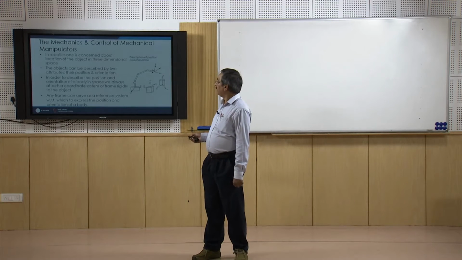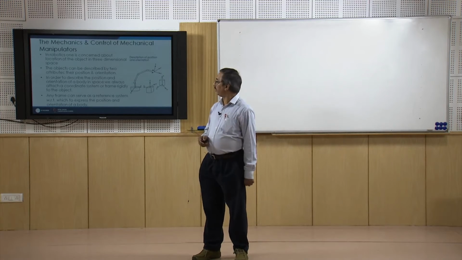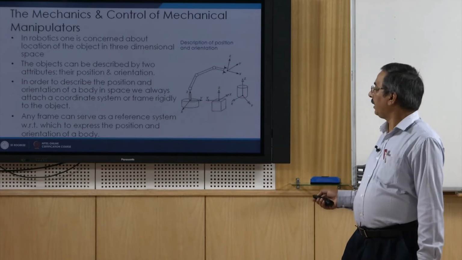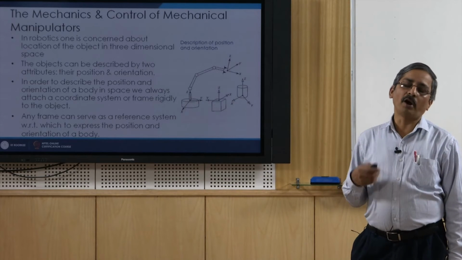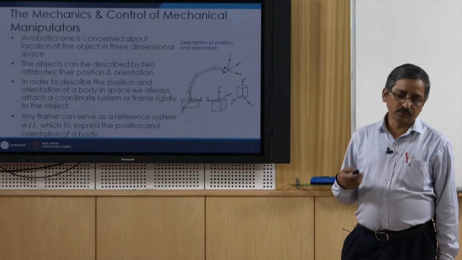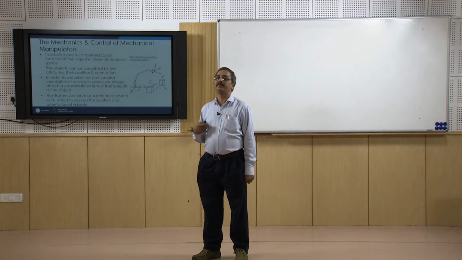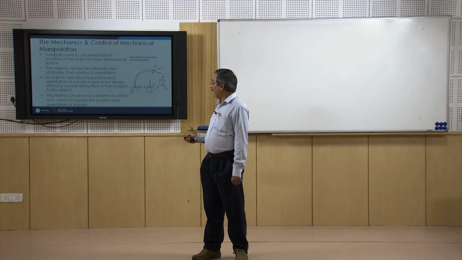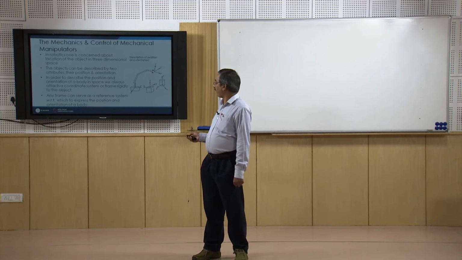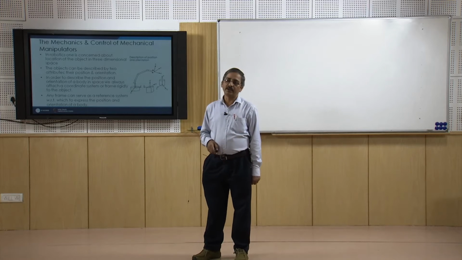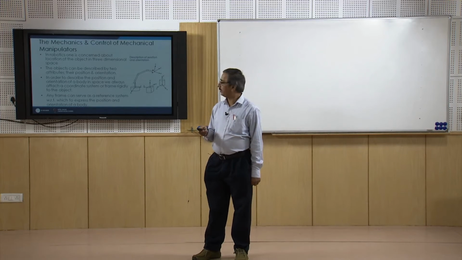In order to describe the position and orientation of a body in space, we always attach a coordinate system to the body, or to that particular object, and then we describe that coordinate system. In this process, any frame can serve as a reference system with respect to which the expression for the position and orientation of a body can be described.